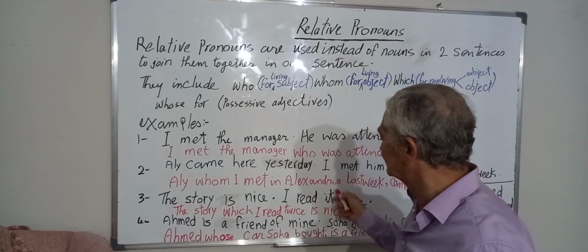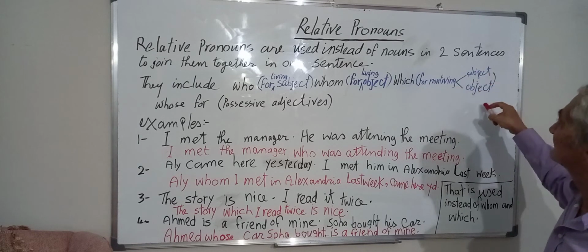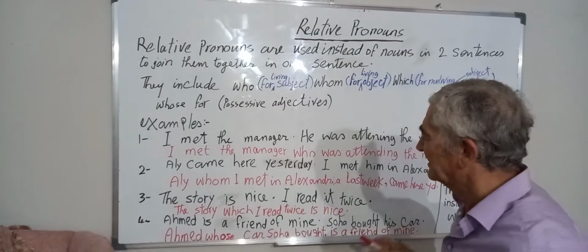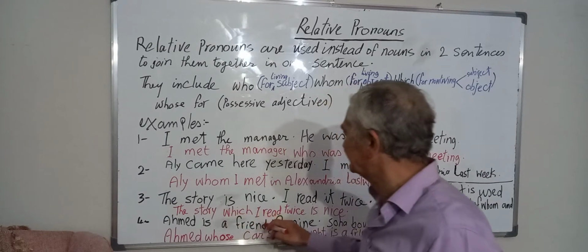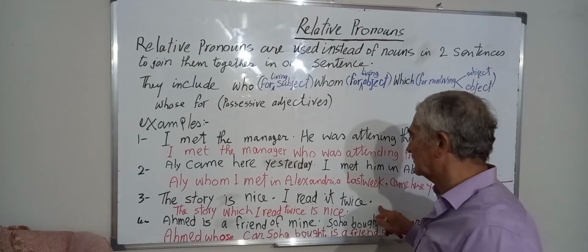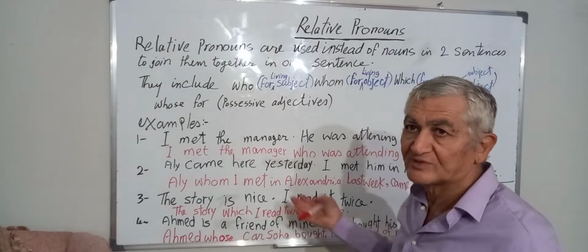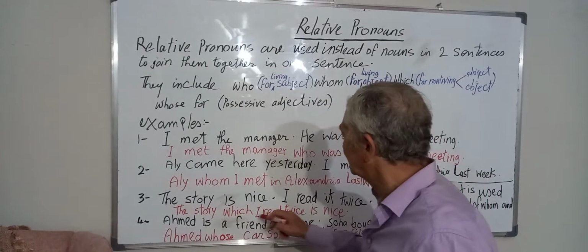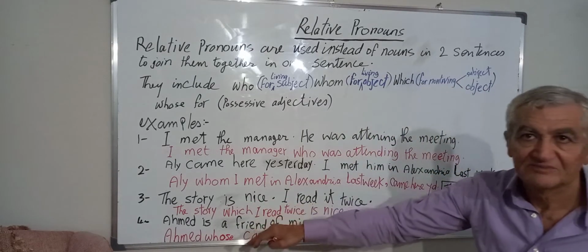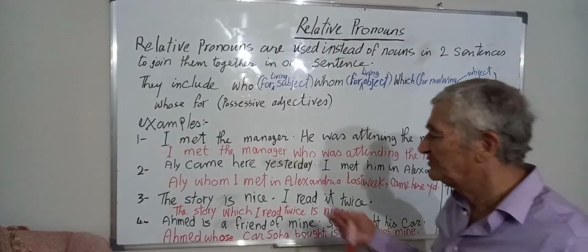So I will choose which for non-living things, either subject or object, the same. Which. So the story which I read twice, the second sentence, which I read twice, and of course I removed it because I used the relative pronoun. The story which I read twice, what is nice? I came back to the remaining part in the first sentence to complete the new sentence.